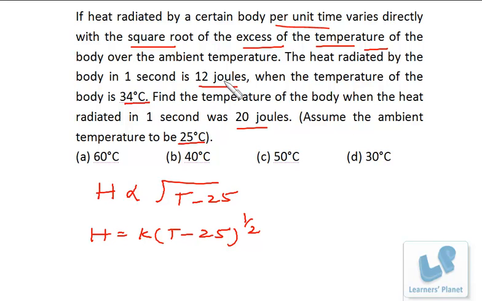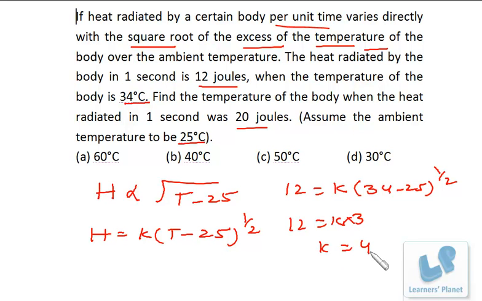Now let's put the value of H and T in this equation and then we'll get the value of K. When H is equal to 12, K times the square root of T minus 25, that is 34 minus 25. That means 12 is equal to K times the square root of 9, since 34 minus 25 is 9. Square root of 9 is 3. So K is equal to 4. Now we have got the value of K.